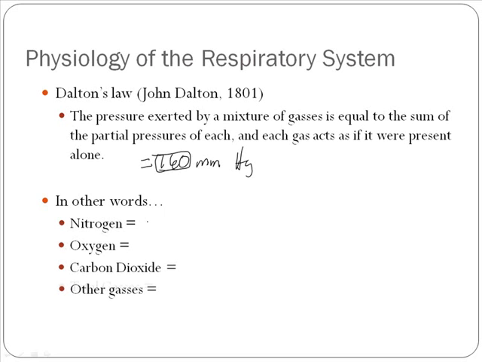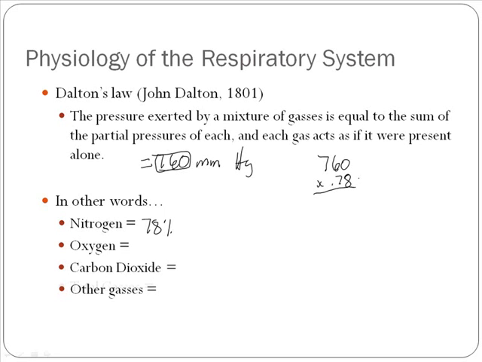If you look at all the gases, nitrogen is the most abundant gas in our atmosphere. Nitrogen accounts for 78% of our atmosphere. If nitrogen is 78% of our atmosphere, and 760 millimeters of mercury is the air pressure at sea level, then all we have to do is multiply 760 times 78%.